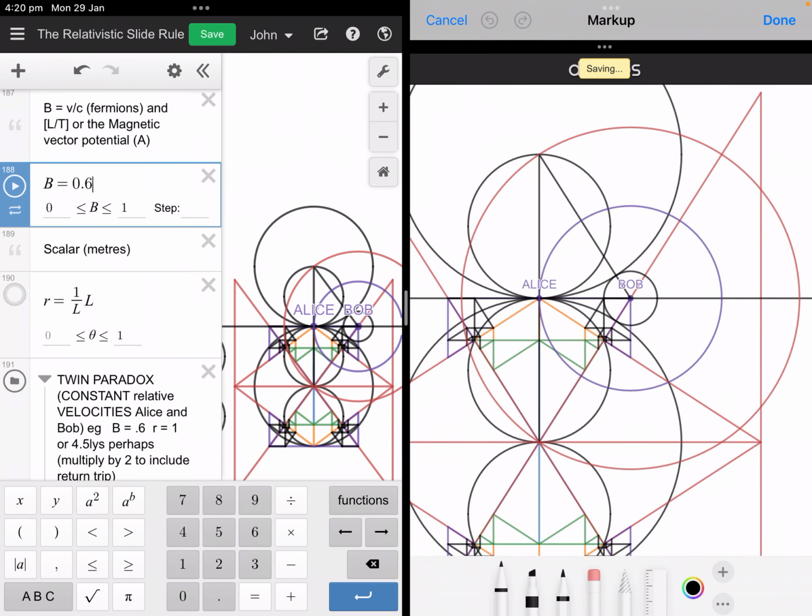So what happens is, here's Bob, flies out along the gamma line to Alpha Centauri, which is here according to him, and then he flies back to Alice on Earth. So this is Alice's space line, and this is his space line, which is gamma plus gamma, whereas hers is just 1 plus 1.